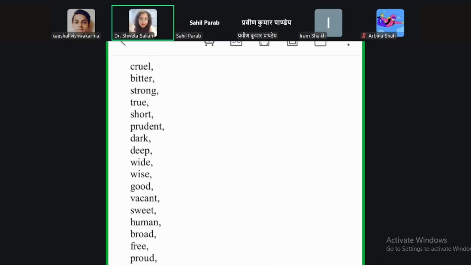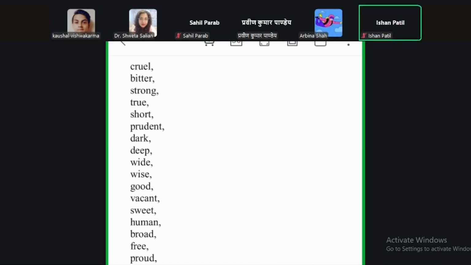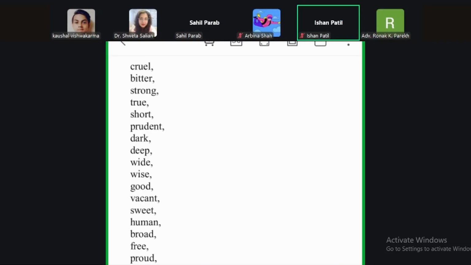Correct. Then short, shortness. Then prudence.